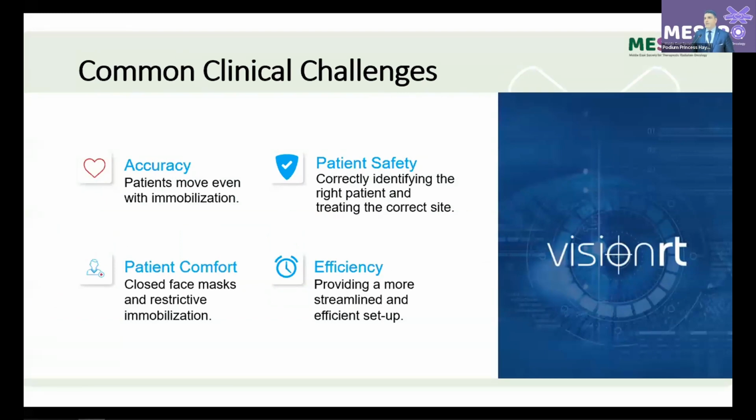The idea behind SGRT when it started to permeate radiotherapy was: what are the challenges that every department within the radiotherapy field handles?